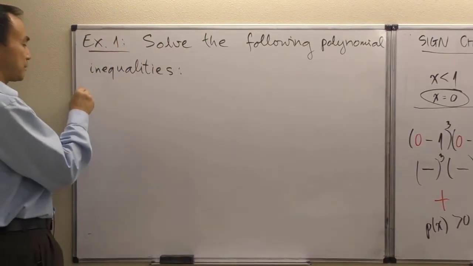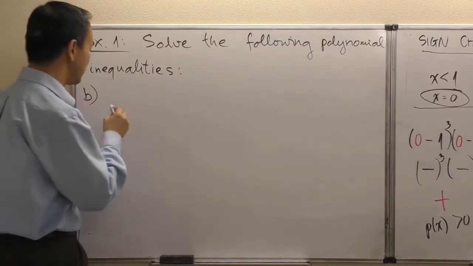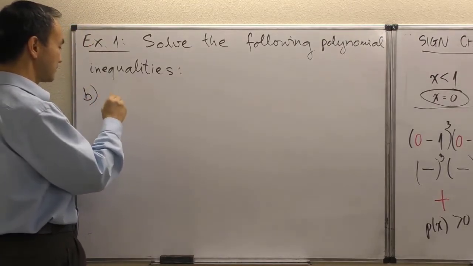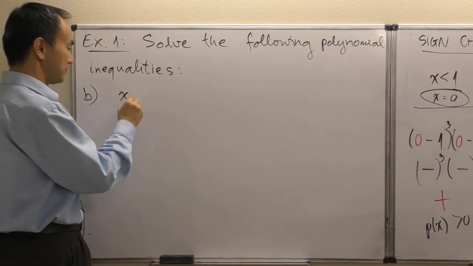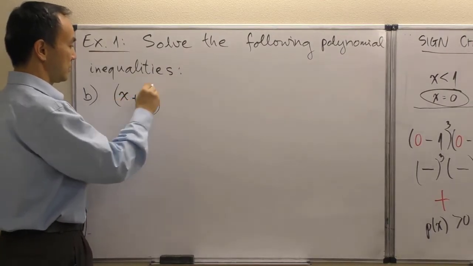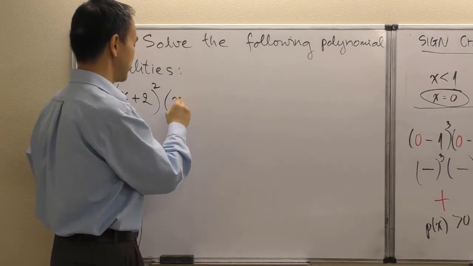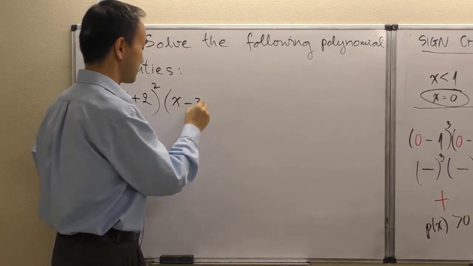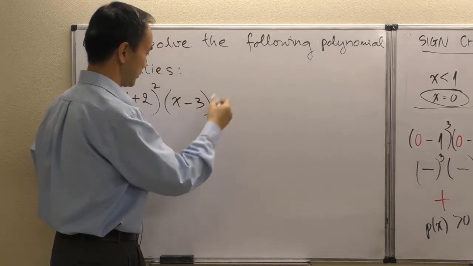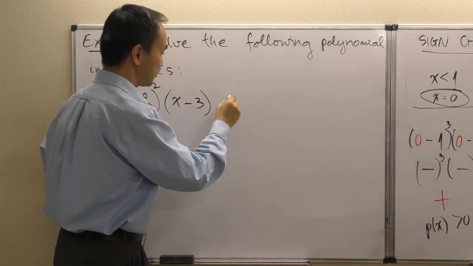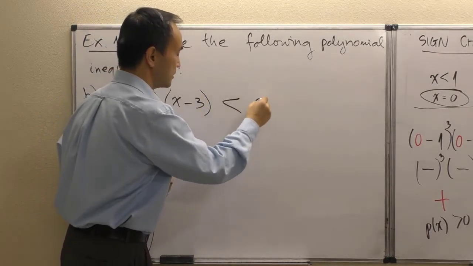So as part B of our example, let's solve x plus 2 squared times x minus 3. And how about this is just first power is good enough, and we want that to be strictly less than 0.